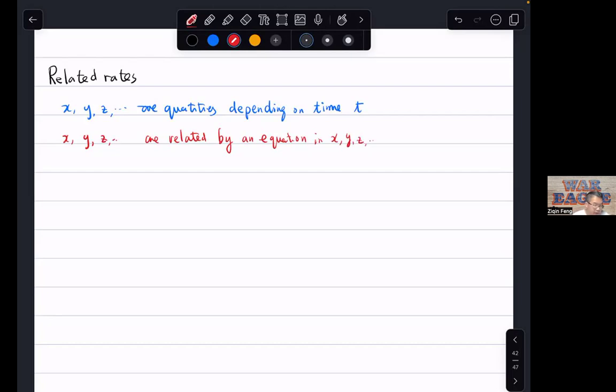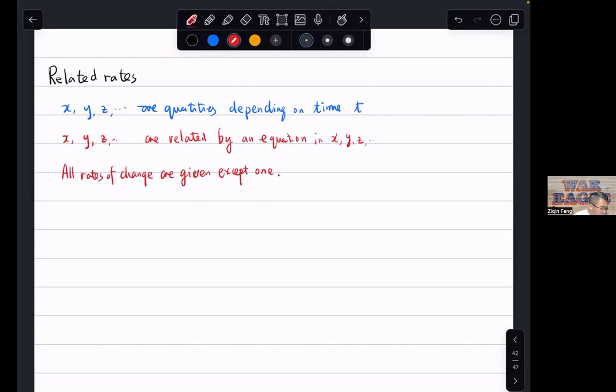And all rates of change are given except one of them. You are given dy over dt or dz over dt, but we don't know dx over dt.